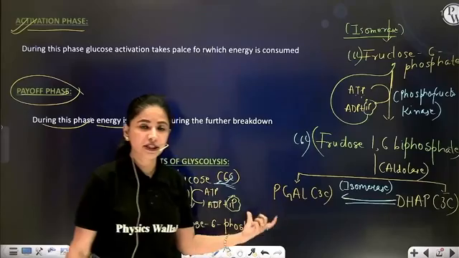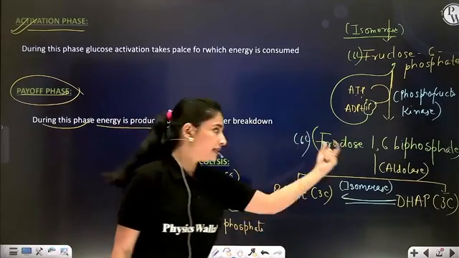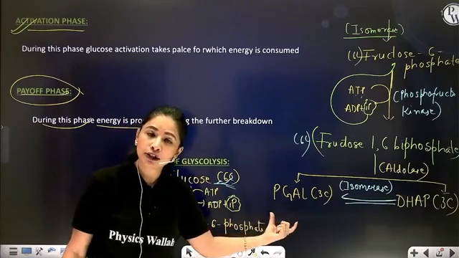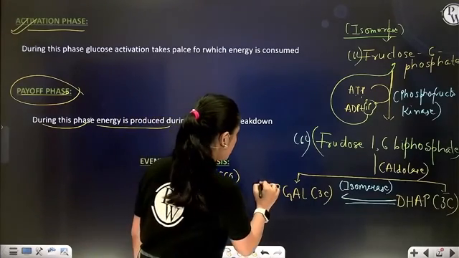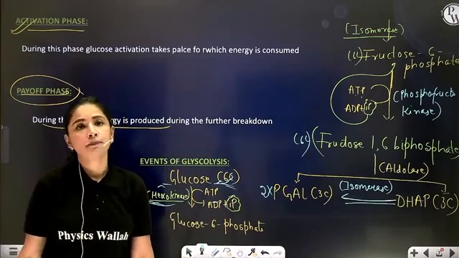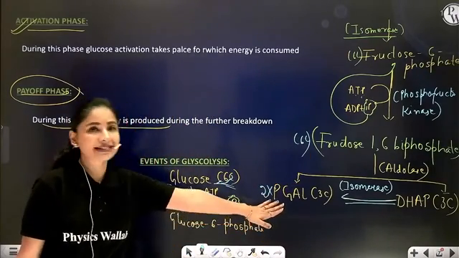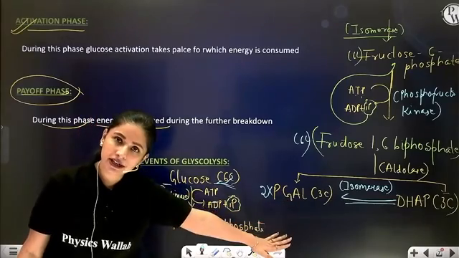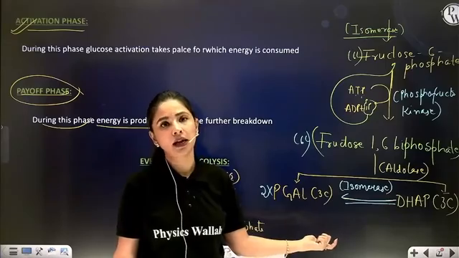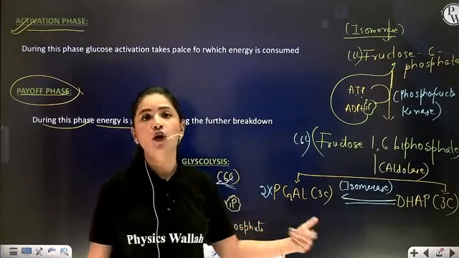So already PGAL was one molecule, and DHAP also converts into PGAL. Hence how many molecules of PGAL are there now? 2 molecules of PGAL are produced. So till here, as I told, is your activation phase. Whatever happens with the 2 molecules of PGAL will come under the payoff phase.